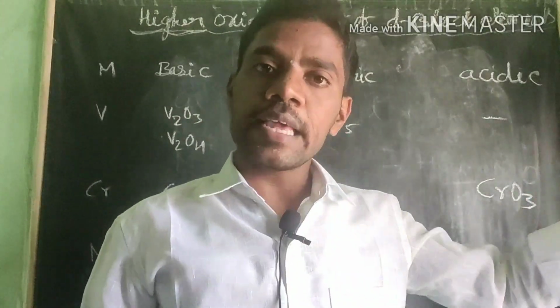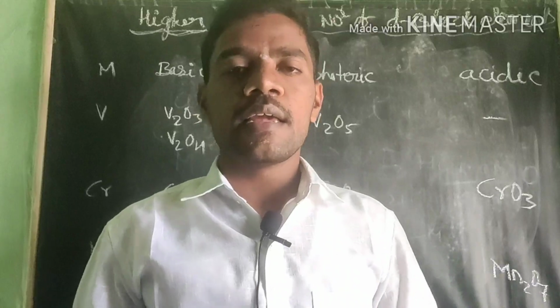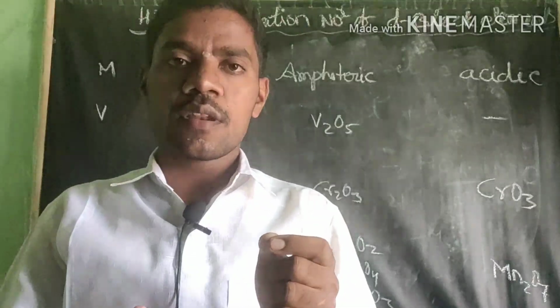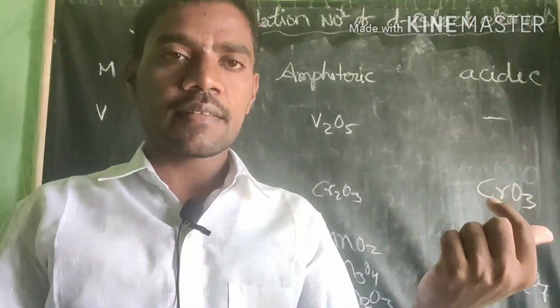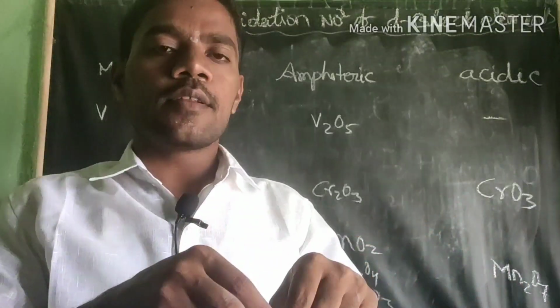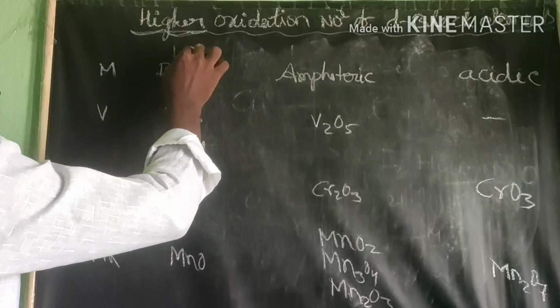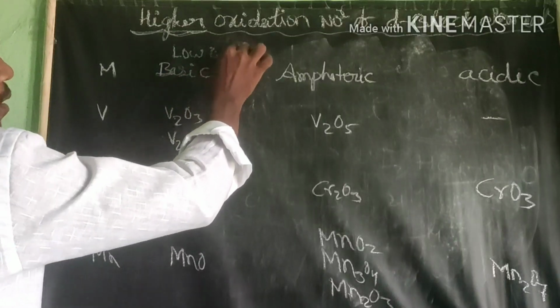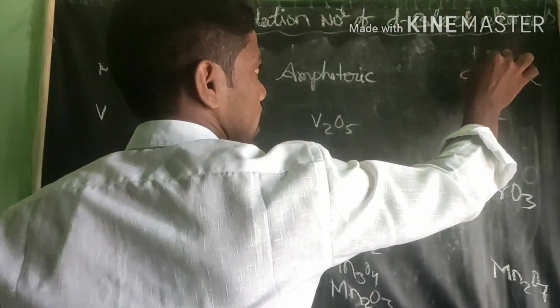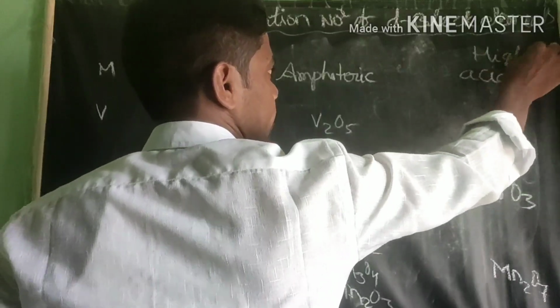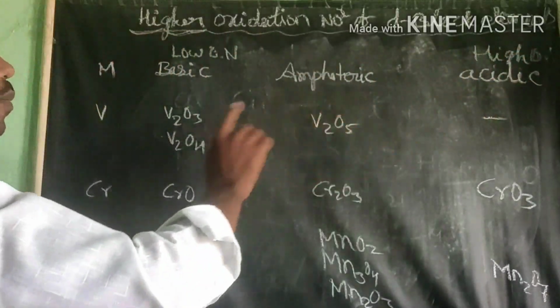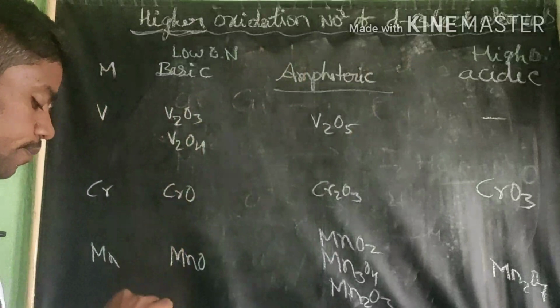Compounds with the highest oxidation number act as acidic. The middle ones are called amphoteric.